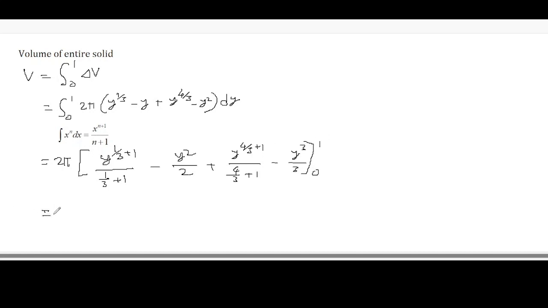Now after substituting all the values, at 1 all the y will become 1, and at 0 all the y will become 0. So finally it becomes 2 pi times 3 by 4 minus 1 by 2 plus 3 by 7 minus 1 by 3.